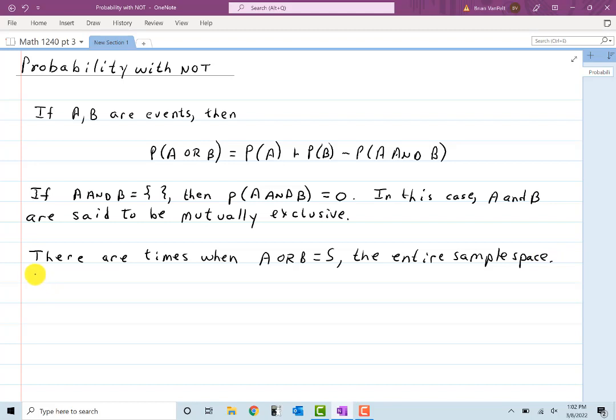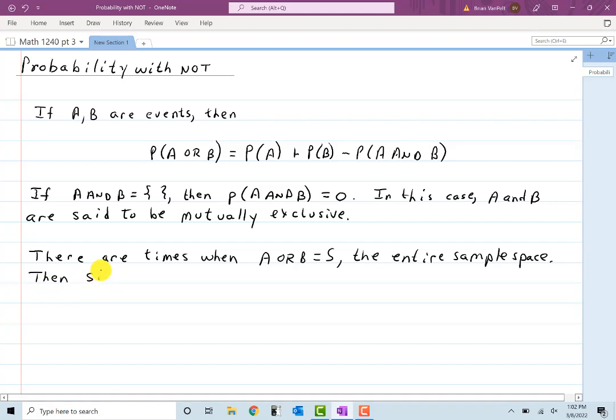If that happens, the probability of the entire sample space is 1. So since the probability of the entire sample space is 1, we have the probability of A or B equals 1. Now let me go ahead and then break up this formula.